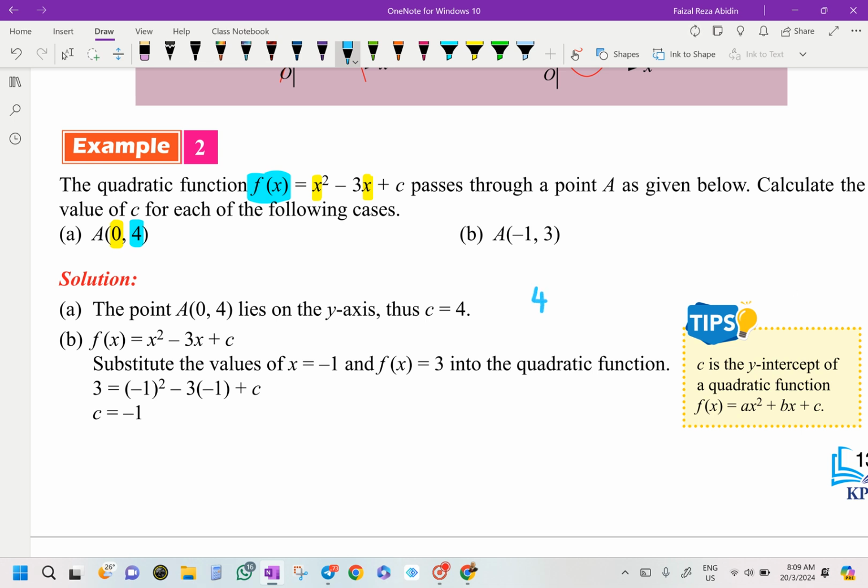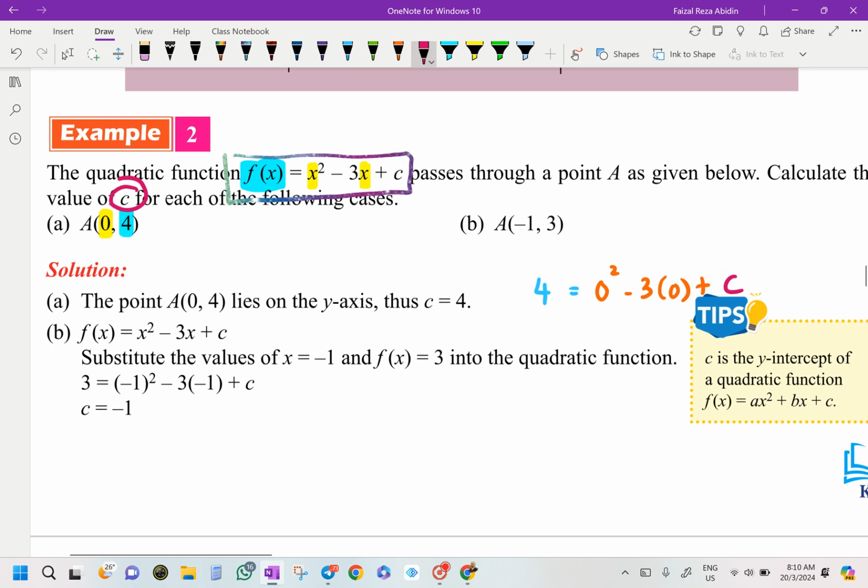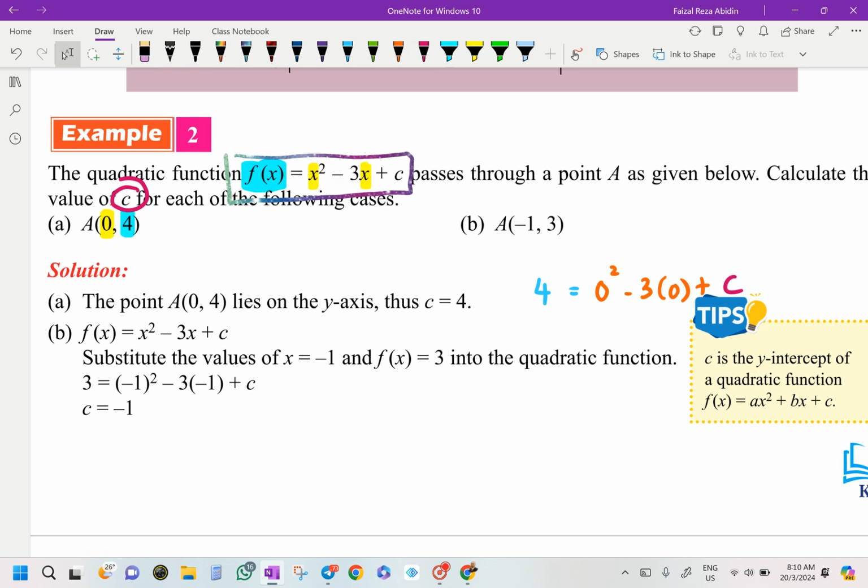Equals, berapa X kita? 0 square minus 3 0 plus dengan yang kita nak cari adalah C. Calculate the value of C kan dia kata kan? Betul? So if you look there, yes, C equals to 4. That's why dia dapat jawapan ni.